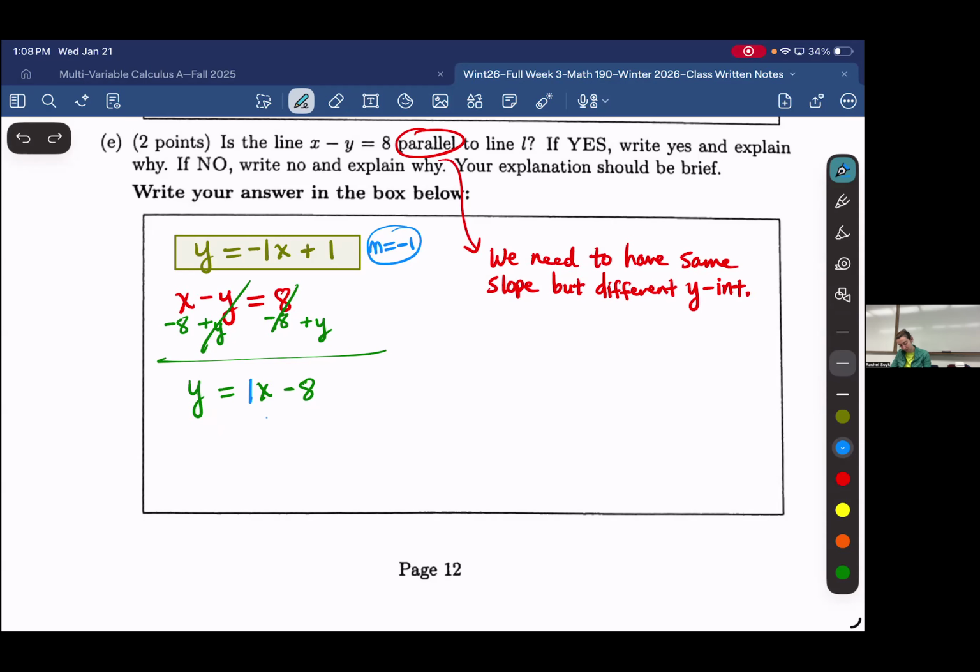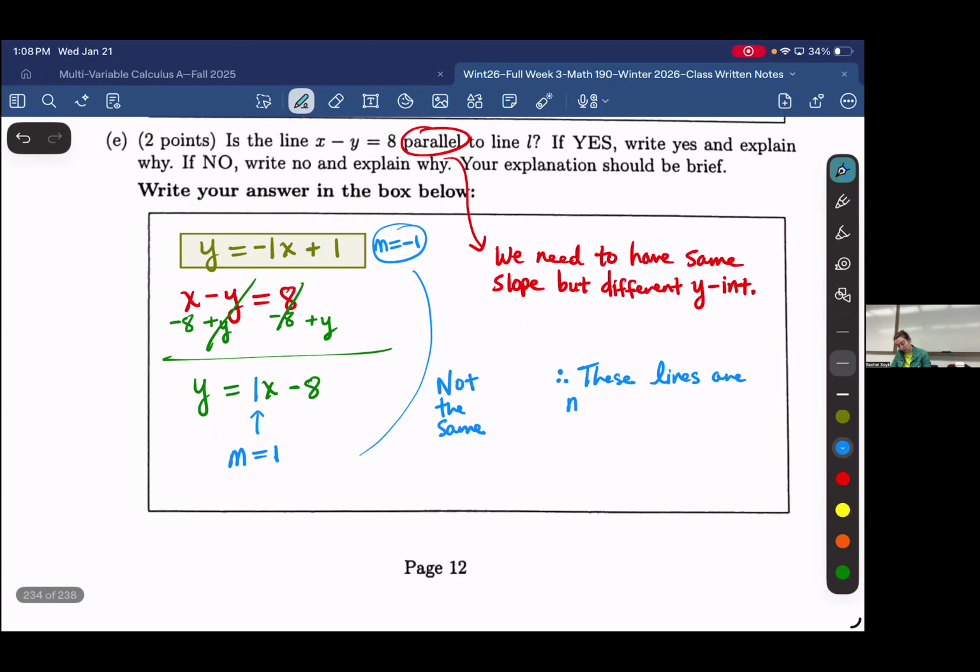Yeah. So are these the same? Therefore, these lines are not parallel to one another.